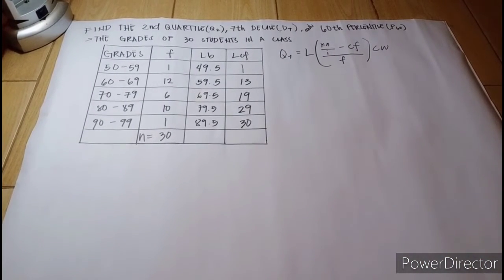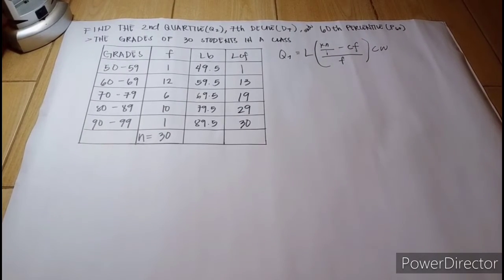First we need to find Kn over I. Since it is a quartile, the value of I is 4.